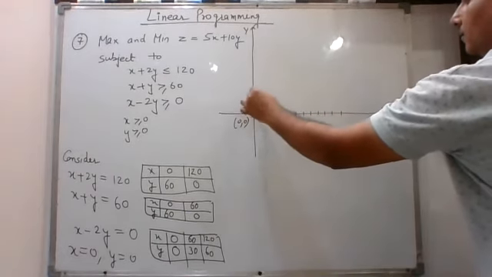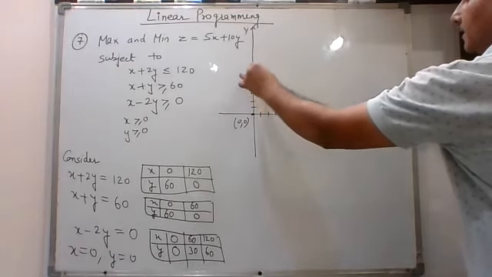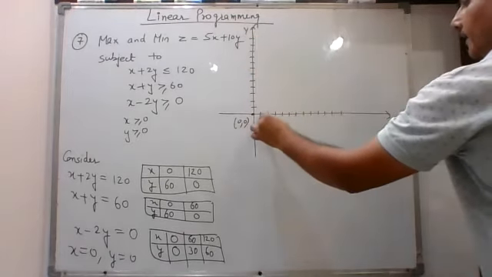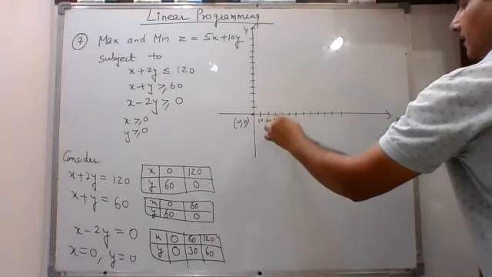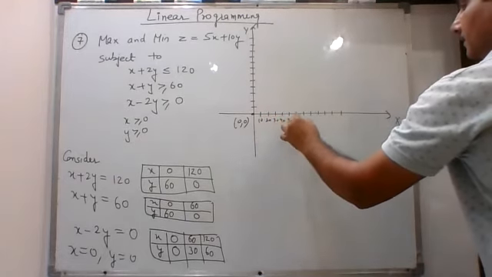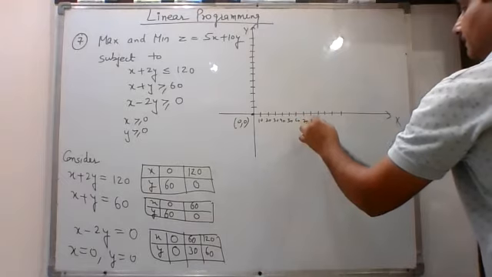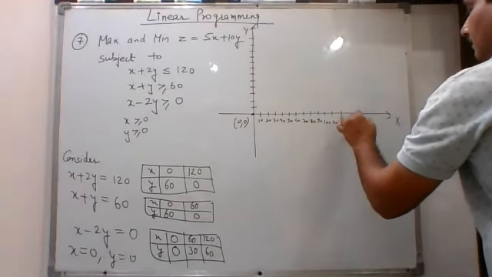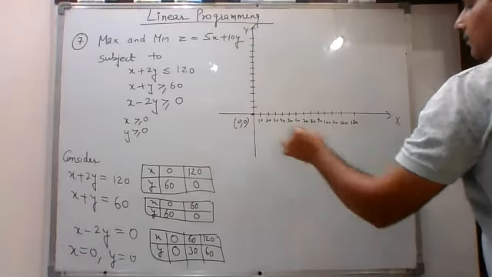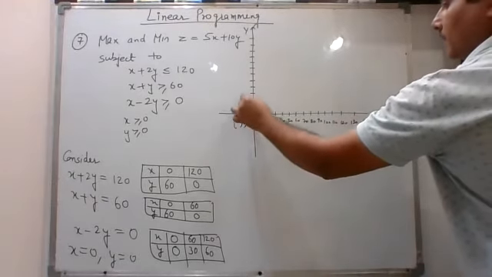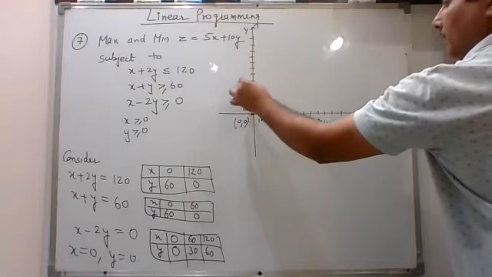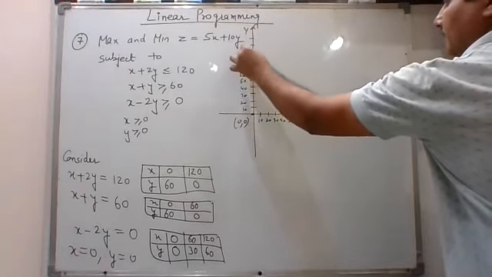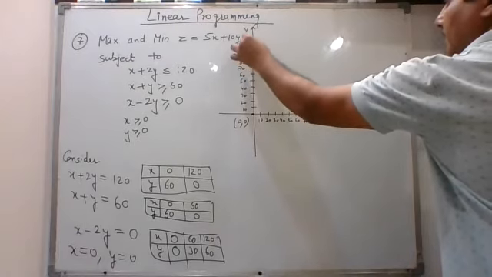Similarly 1, 2, 3, 4, 5, 6, 7, 8, 9, 10, 11, 12. You can write down here 10, 20, 30, 40, 50, 60, 70, 80, 100, 110, then 120.